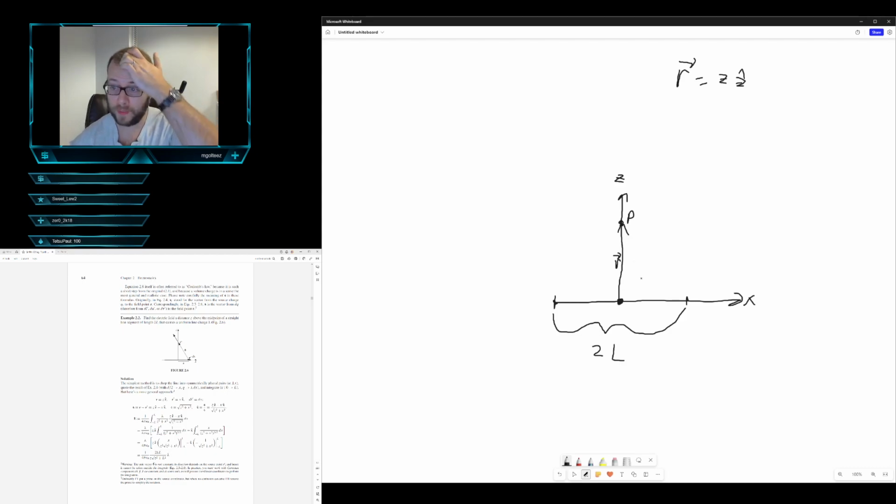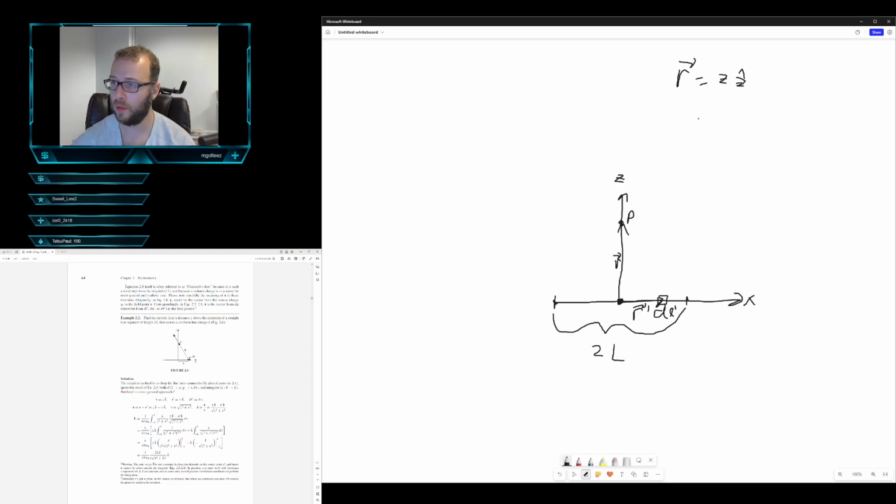Now R prime is the distance to our infinitesimal charge density.